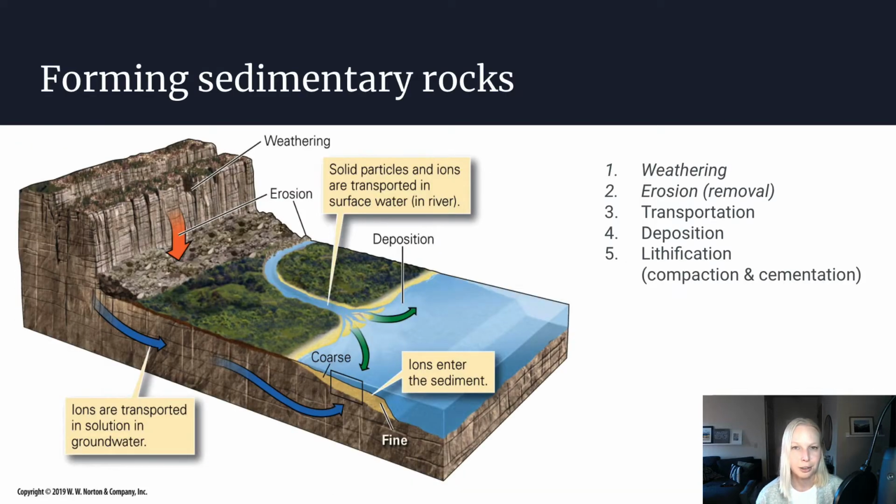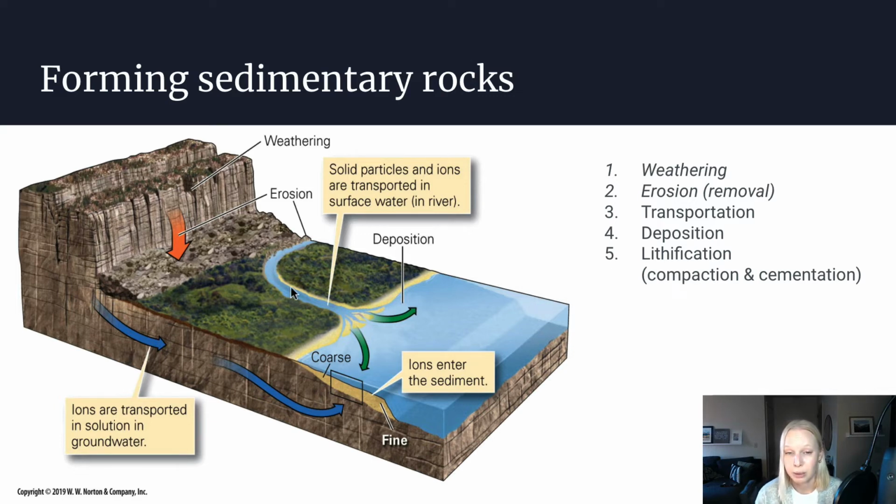All right, let's talk a little bit about what it takes to form a sedimentary rock. There are about 5 steps involved, including weathering and erosion, which we covered in detail in a previous lesson. Then there's transportation, deposition, and lithification. You can see in this diagram here, we have weathering of this cliff face, erosion, those clasts are falling from the side of the cliff face down to the bottom, and perhaps they're getting picked up and transported by this river.